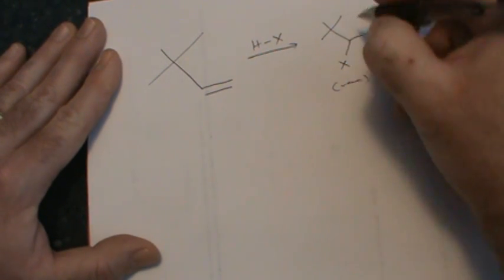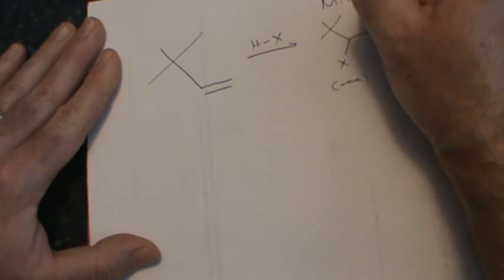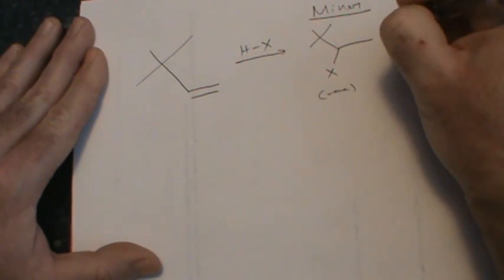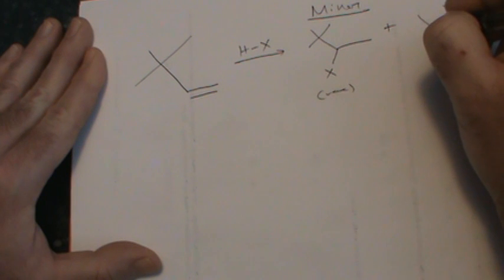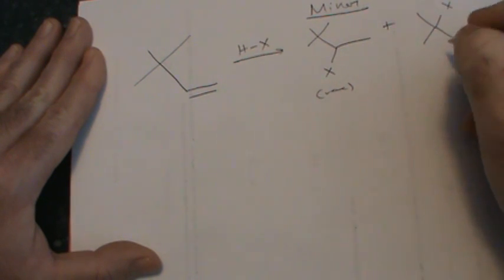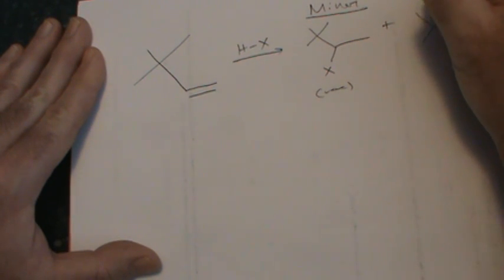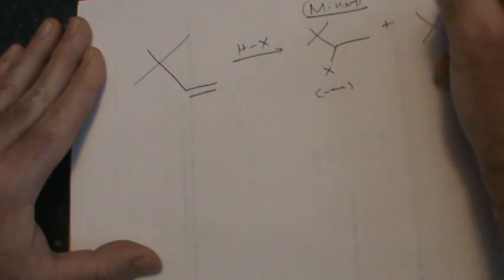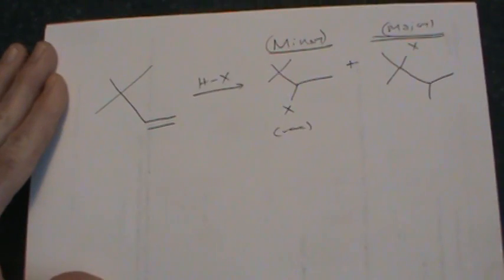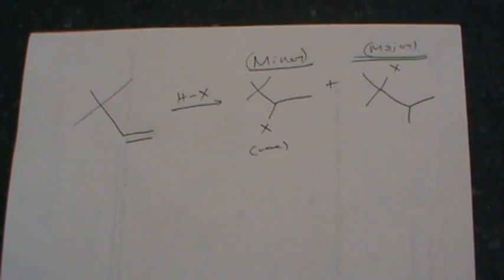But that will only be the minor product. The major product will actually look like that. So how did that happen?